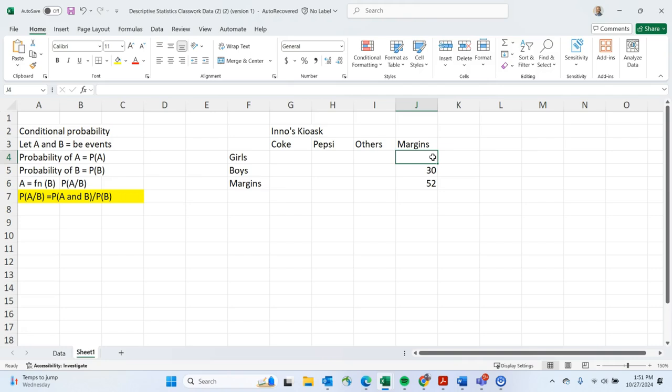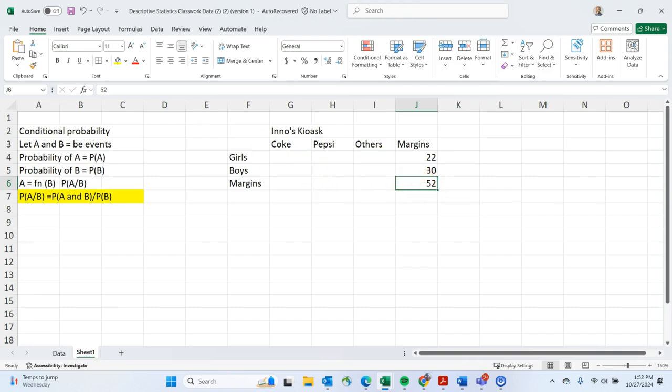The remaining here will be 22, right? So we take 22 plus 30, and we have 52. These are the margins or the totals for the number of girls and boys who are our customers, and they make 52 in total.